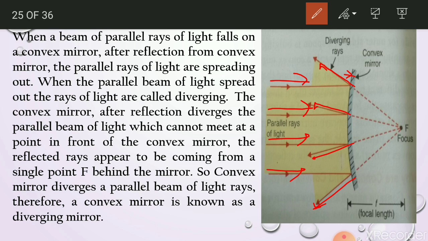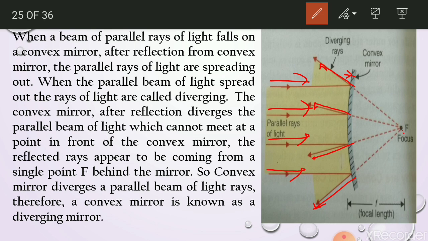So what happens? When they never meet at the front part of the convex mirror, it is supposed that they are meeting behind the mirror. It seems that they appear to be coming from a single point behind the mirror. As you can see in the diagram, this is the point from where they appear to come.